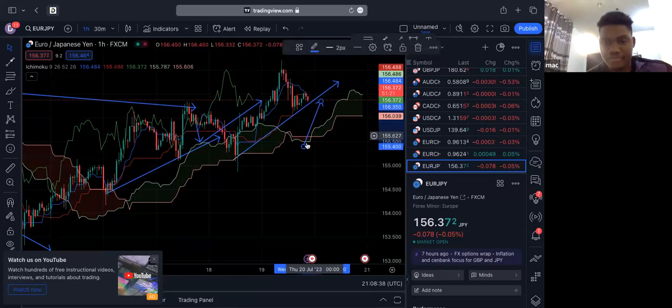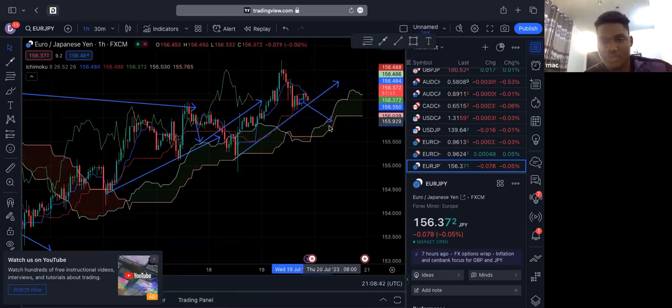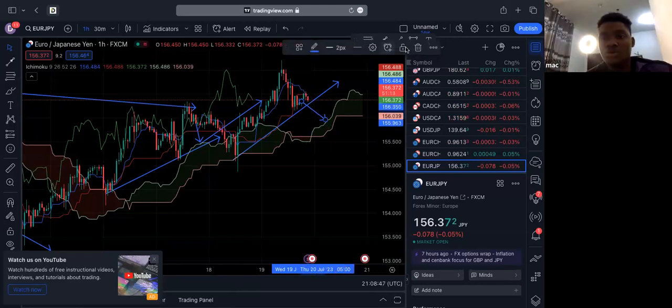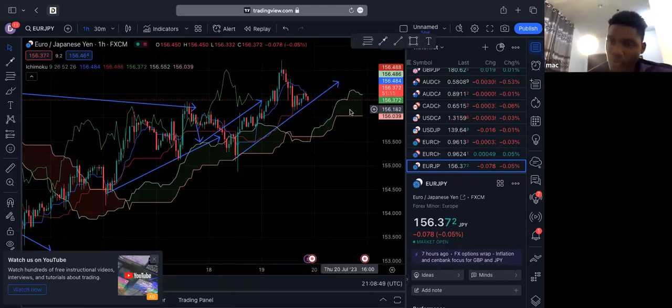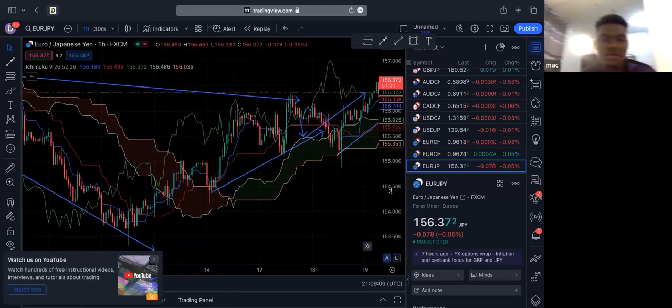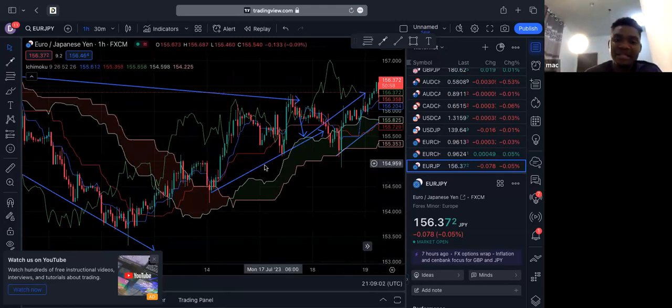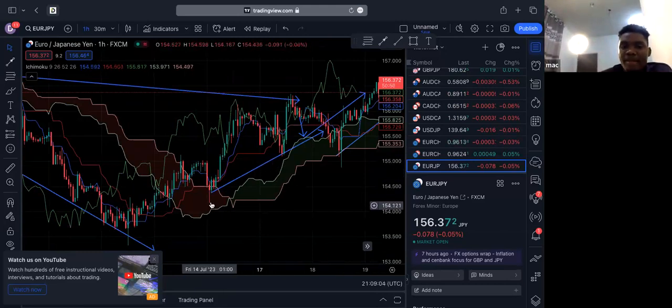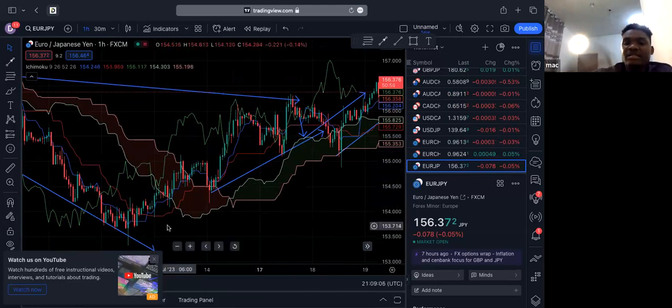This can happen. It will break and go down here and touch the cloud and bounce up, right? But also, one of the rules of Ichimoku is that when there is a daylight space between the clouds, market is to buy.